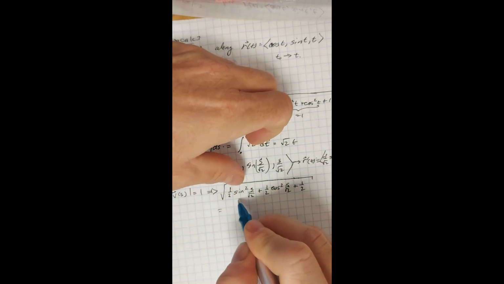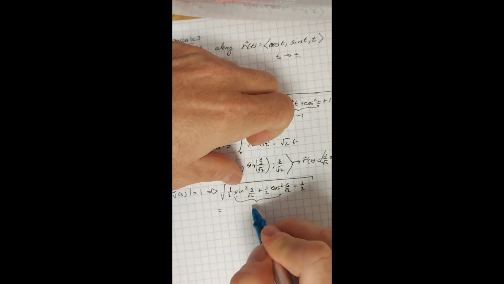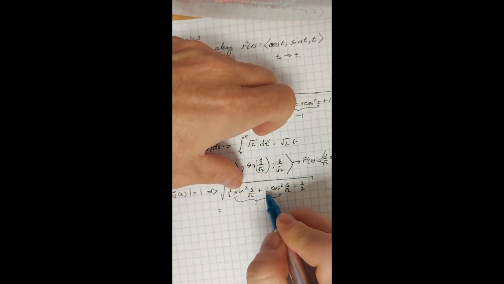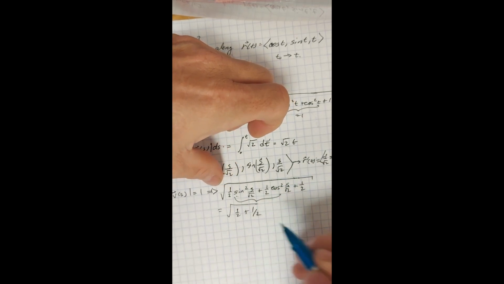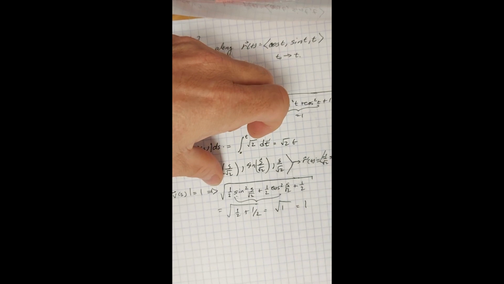Sine squared plus cosine squared is 1, but we have a half in each case, so it's the square root of 1/2 plus 1/2, which is the square root of 1, which equals 1.